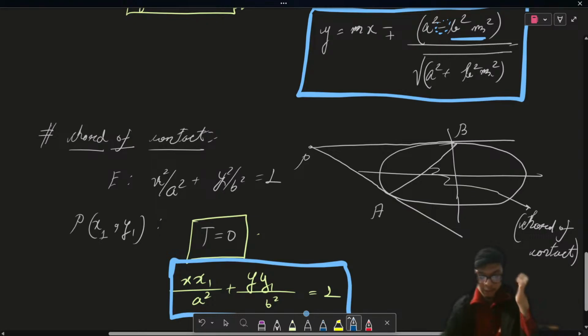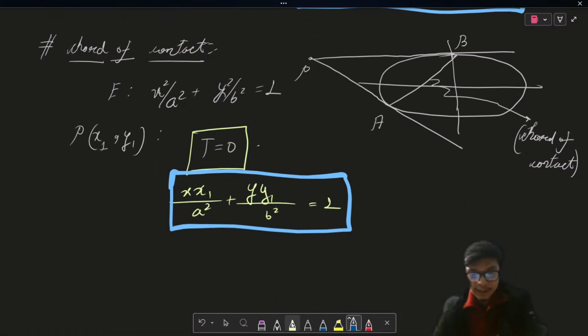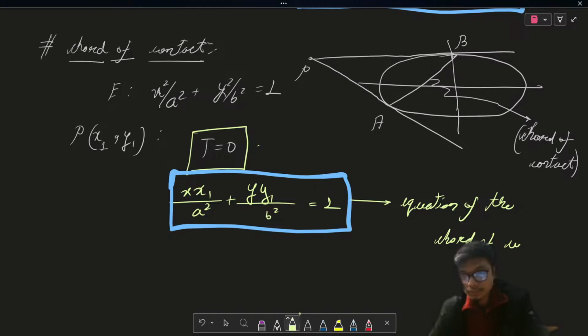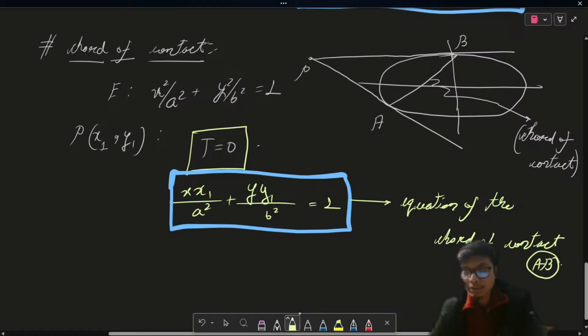This is how we can easily obtain the equation of the chord of contact AB for the given ellipse.